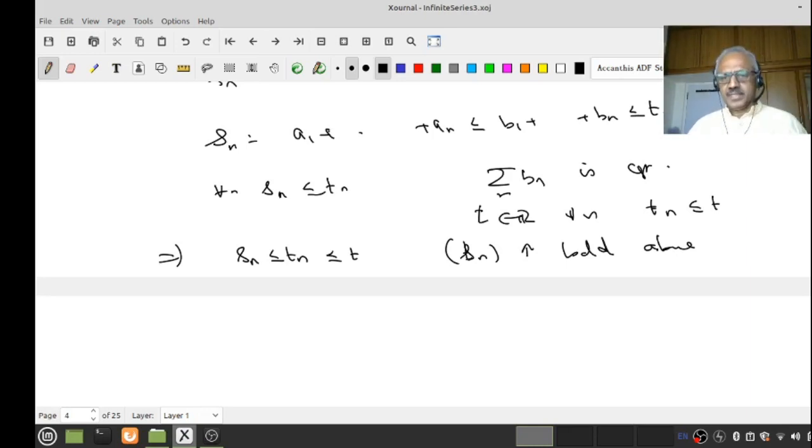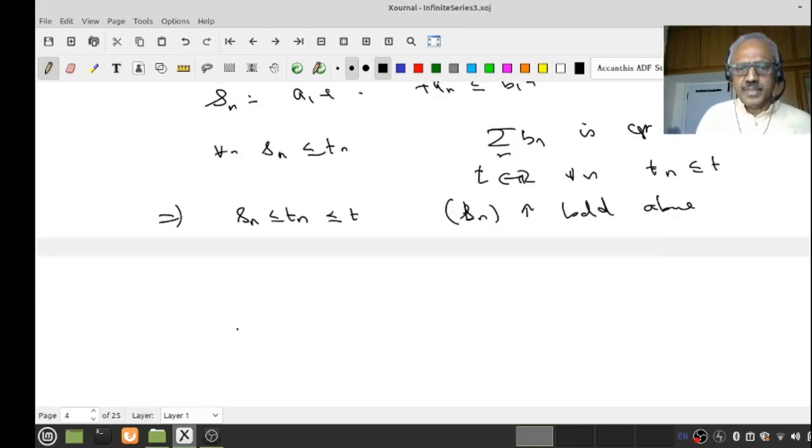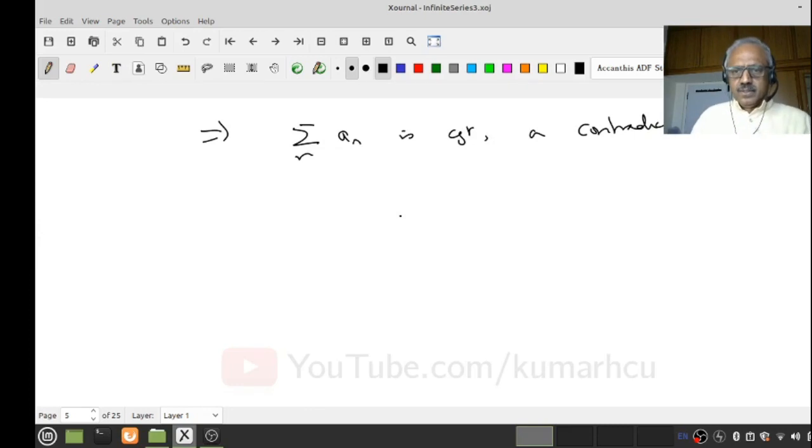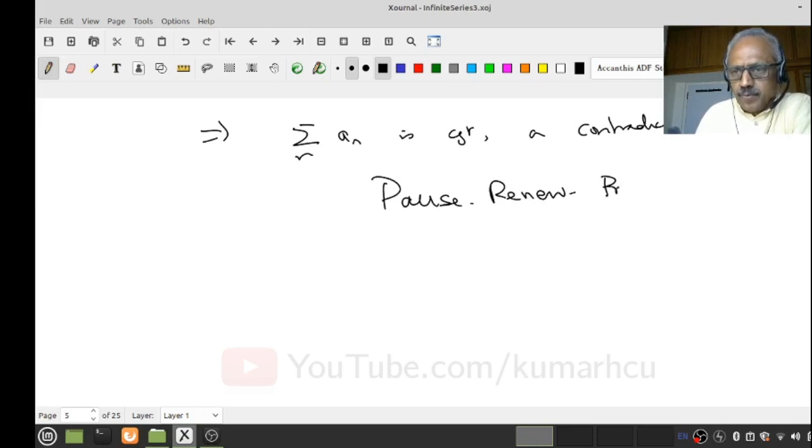Because the an's are non-negative. So that would mean summation an is convergent. This is a contradiction. So pause, review, and proceed.